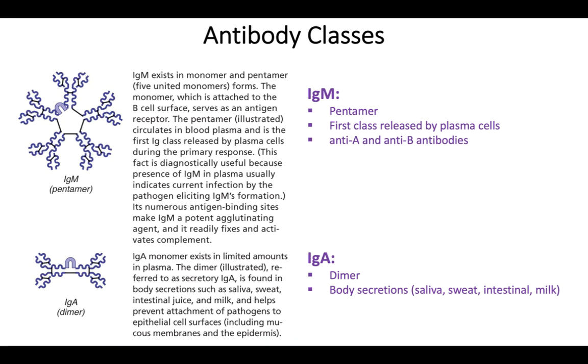Then we're going to switch over to IgGs. They're also the antibodies that are the anti-A and anti-B antibodies in blood typing or blood compatibility. And that should make sense because these things are so big, they can't cross the placenta.